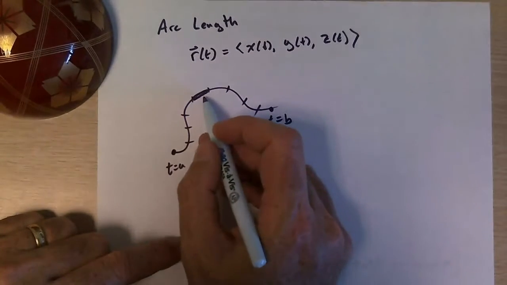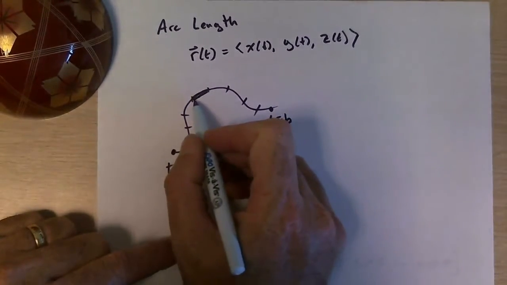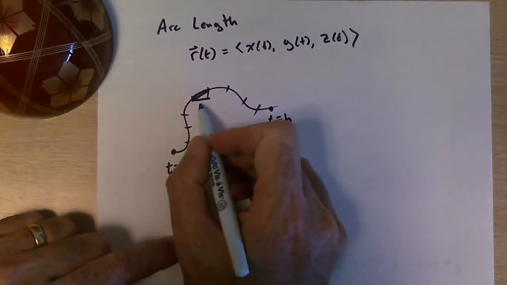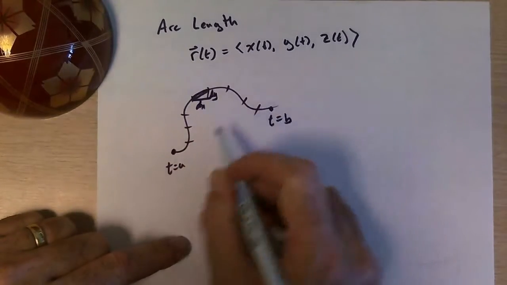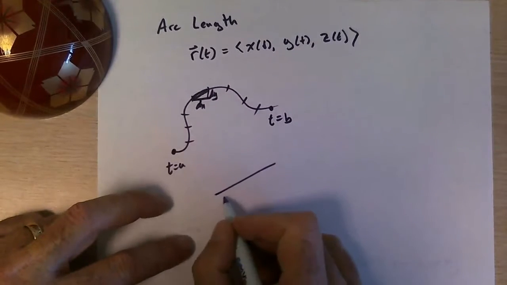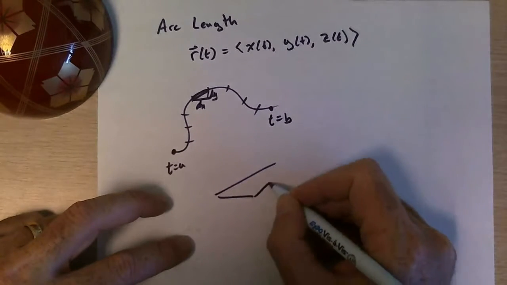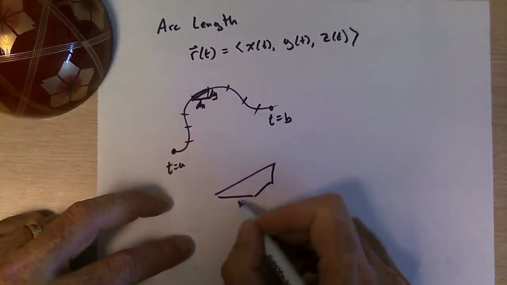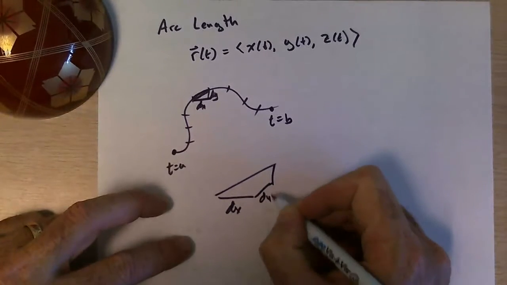Now, in a Calc 2 class, we would have said, oh, there's a dx and a dy. Well, now I'm in space, and that little line segment actually has a dx, a dy, and a dz.